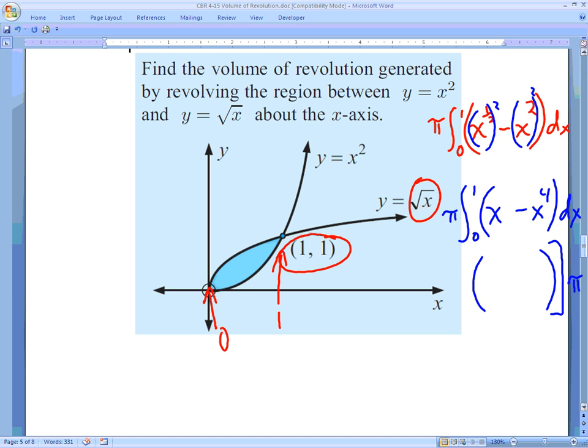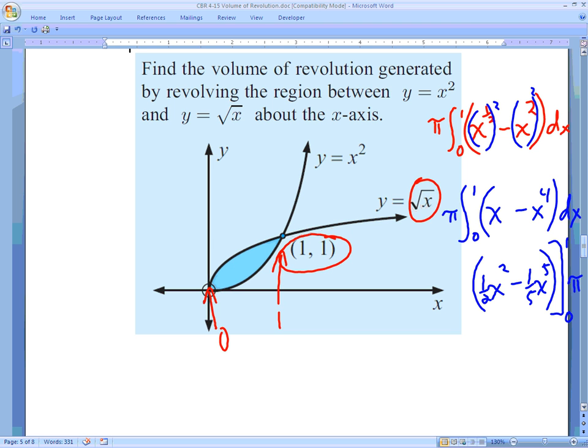The integral of x: I raise the exponent up to a 2, and then I multiply by 1/2. And here, I'm going to raise the exponent up to a 5, and then multiply by 1/5. And that's all still going to go from 0 to 1.